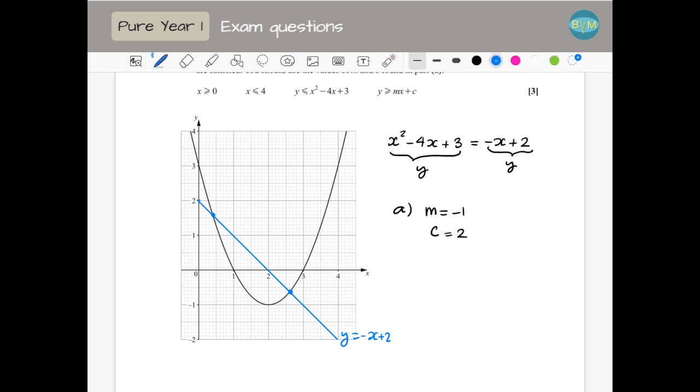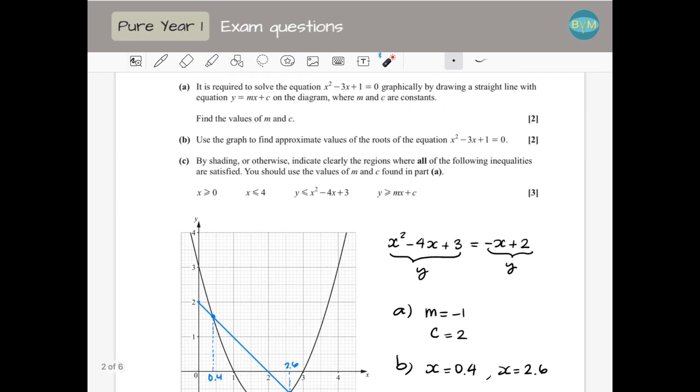So this is something like 0.4, and this is something like 2.6. You will have a range of values that will be correct, so x equals 0.4 and x equals 2.6, plus or minus 0.1 either way.